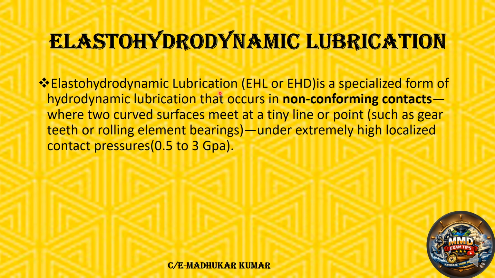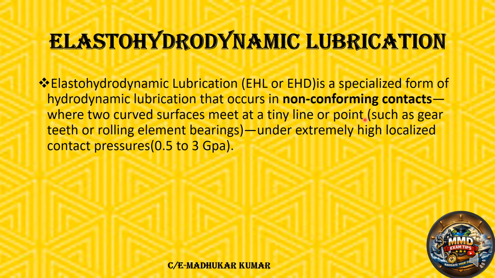Elasto-hydrodynamic lubrication is a specialized form of hydrodynamic lubrication that occurs in non-conforming contacts, where two curved surfaces meet at a tiny line or a point. As we have seen in the rolling surface, these are the roller bearings. They have curved surfaces and they meet at a line. So either line contact or point contact is there, such as gear teeth and rolling element bearings.